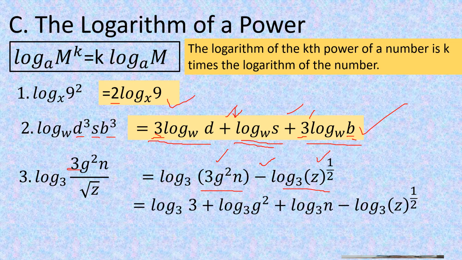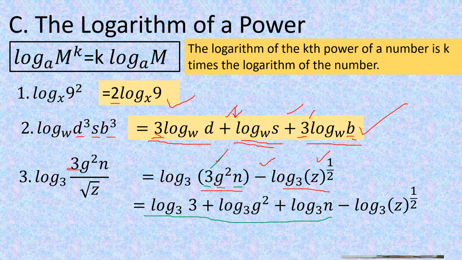Remember that we have 3 factors here, the 3, the g squared, and the n. In other words, we will be adding their logarithms. So log of 3 to the base 3 plus log of g squared to the base 3 plus log of n to the base 3 minus log of z to the power of 1/2.